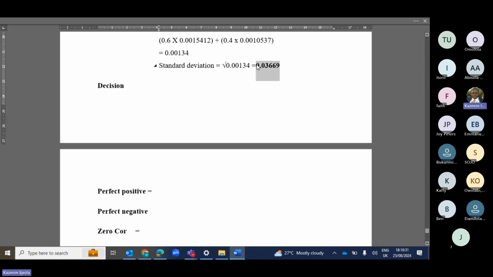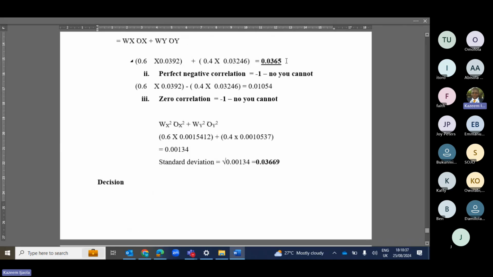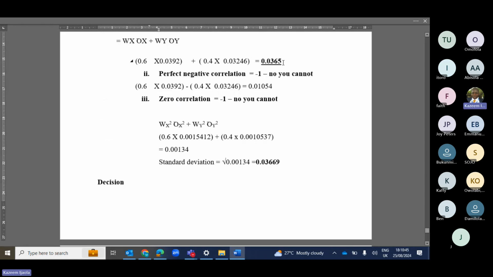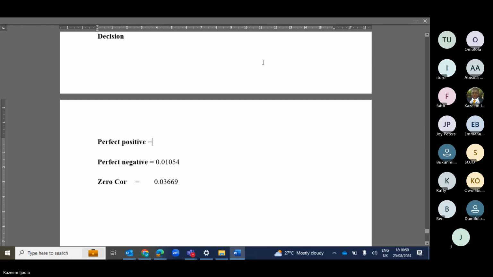We will pick the one with the lowest. I can assure you that the negative should be the lowest. Then the perfect negative is this one. See my perfect negative, and see my perfect positive. My perfect positive is this. So which one is the lowest here, guys? Is it the perfect negative?